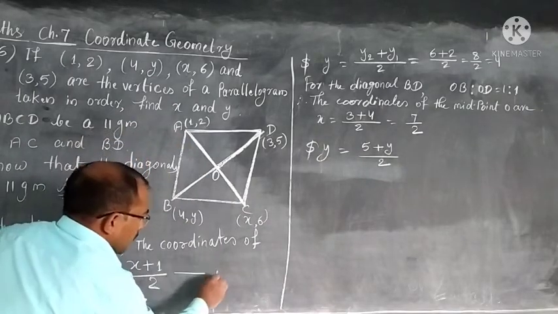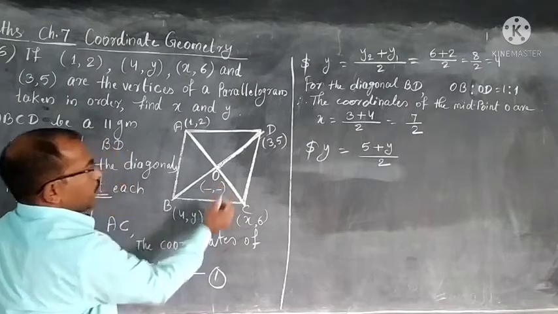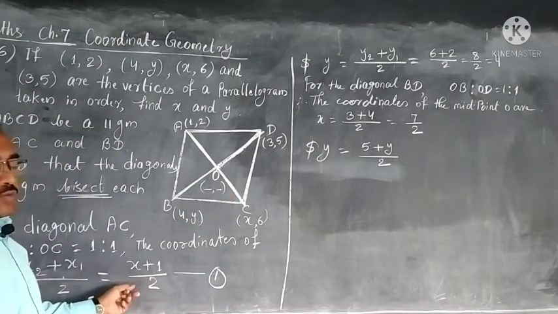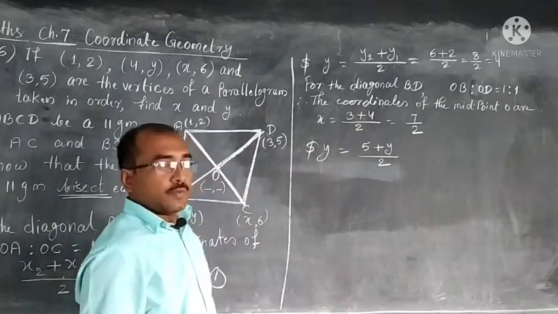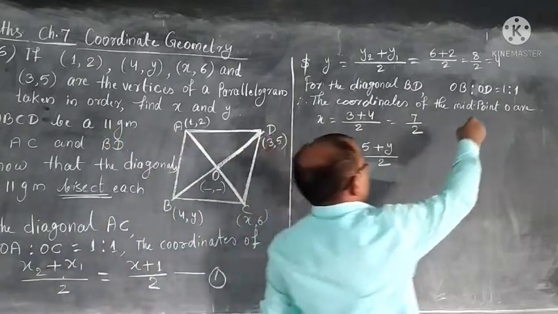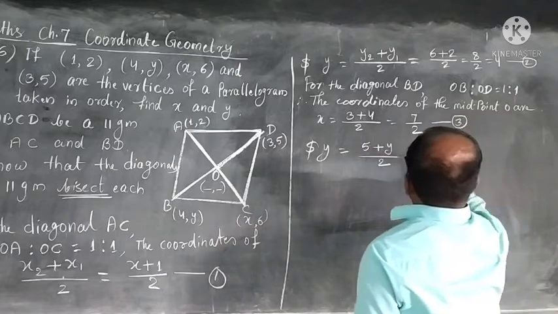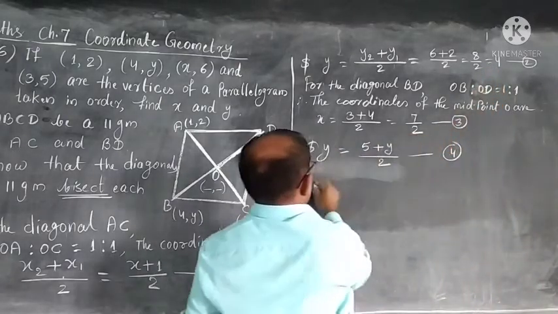So this is for the midpoint O coordinate. We will mark these as equation 1, equation 2, equation 3, equation 4. Equation 1 is for x, equation 3 is also for x.